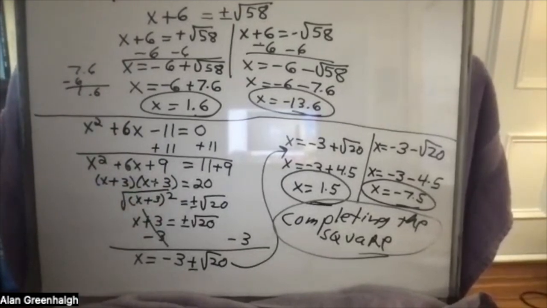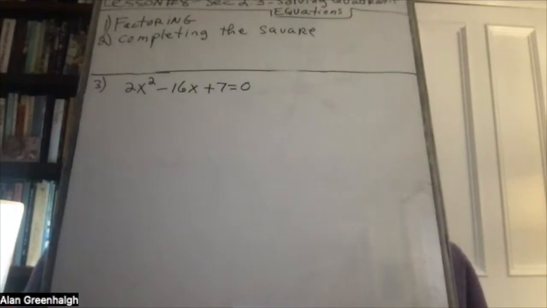Now, there's one more type of problem related to this that I'm now going to do. Once you've determined that this can't be factored, and I'm not going to let you work with it and see if you could do it, because just take my word for it, it cannot be factored.